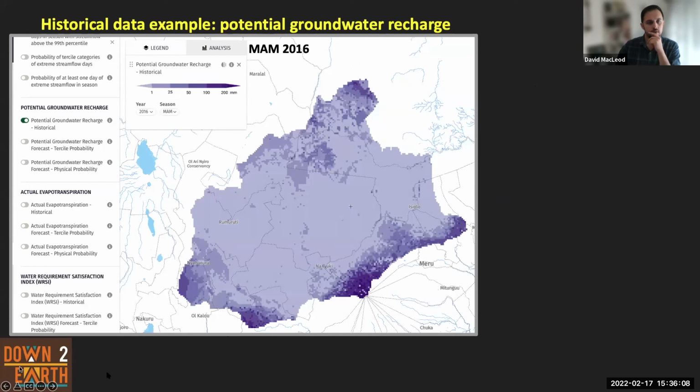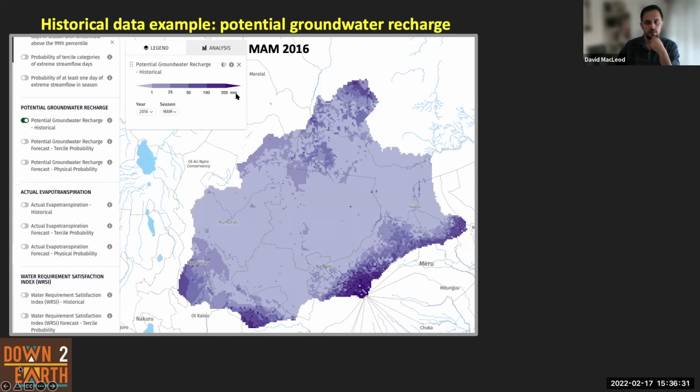Here's an example. If you navigated down to potential groundwater recharge and then selected the historical layer, it pops up with a map which represents the historical simulation for MAM groundwater recharge. Here it's showing MAM in 2016.